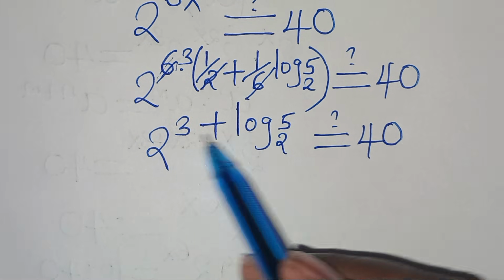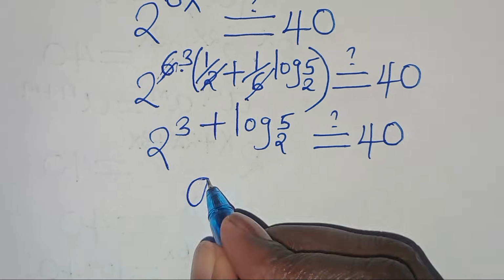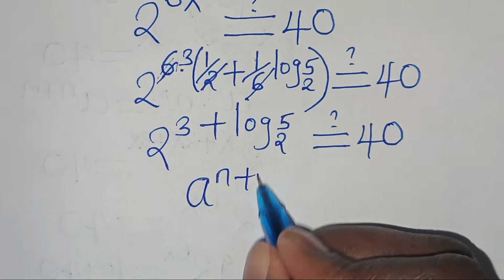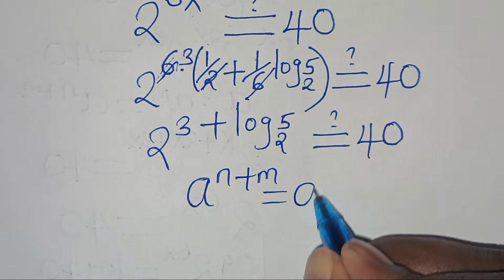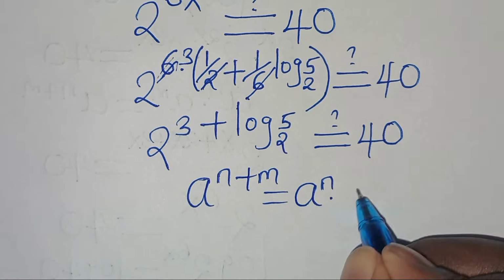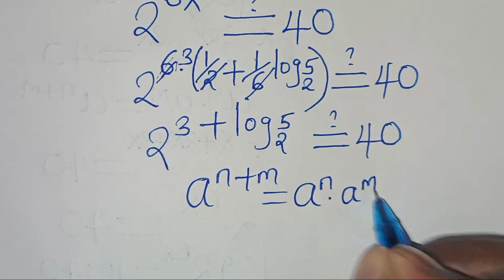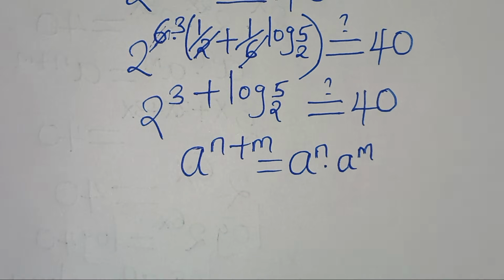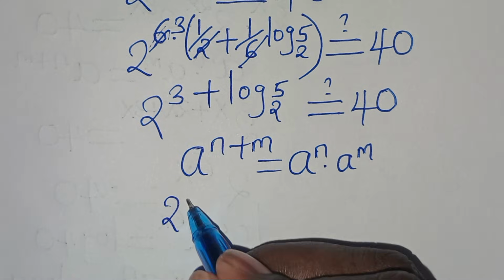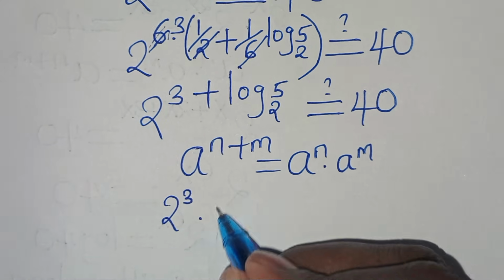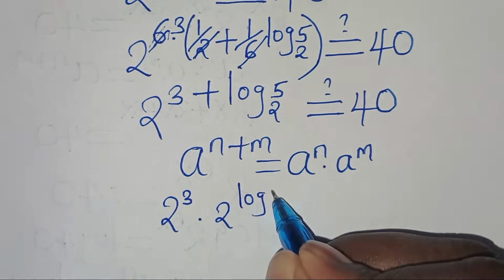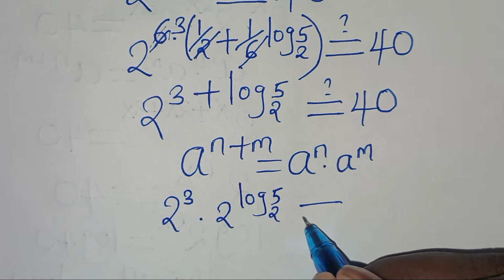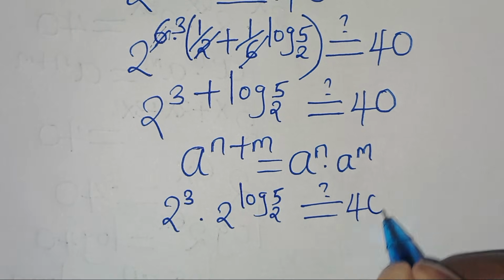Now, this exponential equation here is in the form of a to the power of n plus m, which can be expressed as a to the power of n times a to the power of m. So this means we have 2 to the power of 3 times 2 to the power of log 5 to base 2. This should give us a value of 40.